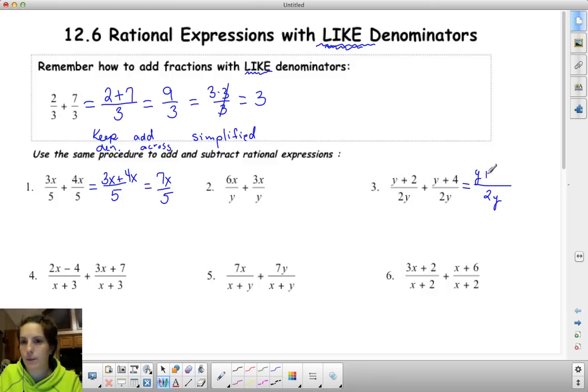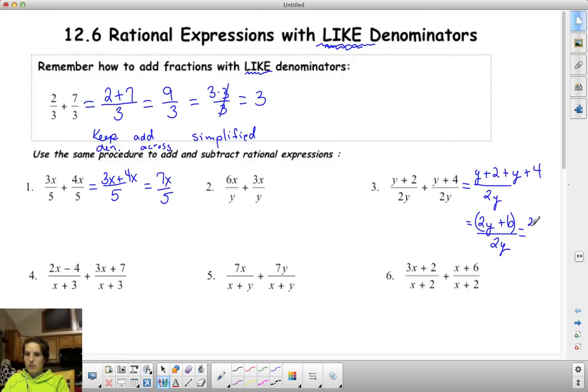So y plus 2 plus y plus 4, like terms. So we end up with 2y plus 6 all over 2y. Now be careful, right here, that's a quantity, so that if I'm going to be able to simplify, I have to do a factoring step first.